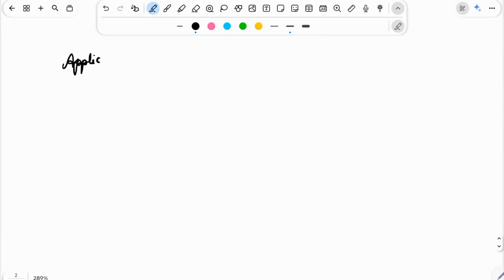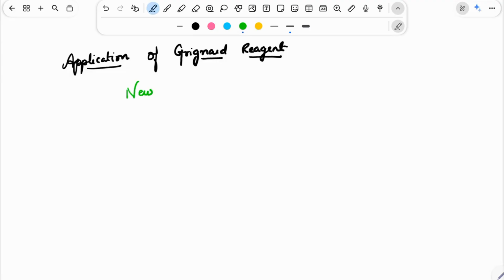Okay, fine. Now, what is the use and main application of the Grignard reagent? We can see the Grignard reagent in all the chapters, right? Where will we use this? We can use it in the preparation of alcohols, carboxylic acids, aldehydes and ketones.